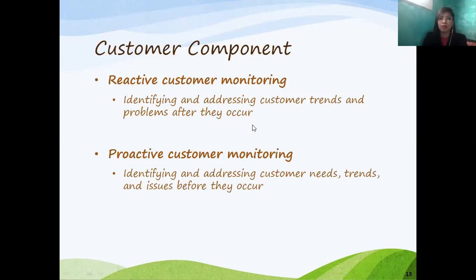We do not have customers, so everybody is reactive about what to do or about customer monitoring when the COVID-19 pandemic comes in our country.